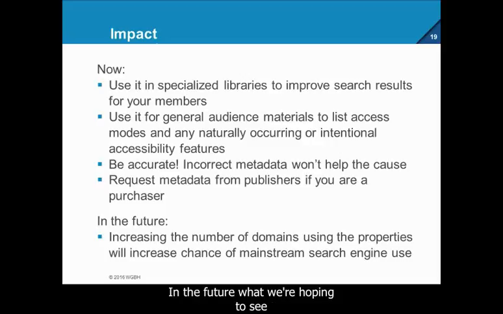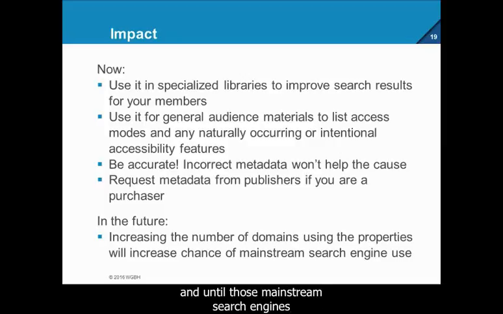In the future, what we're hoping to see is a big increase in that number of domains using the accessibility metadata. And one of the reasons for that is it won't start showing up in the mainstream search engines until there's evidence of a lot of use. So schema.org is an industry consortium of Google, Yahoo, Bing, and Yandex, which is a European search engine.